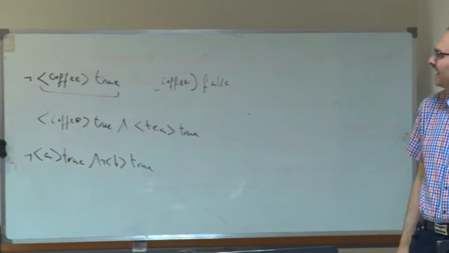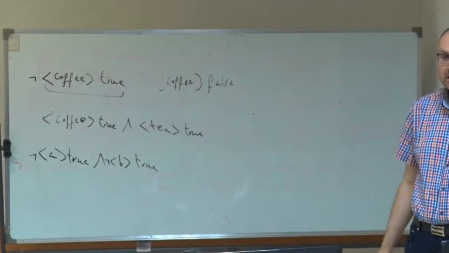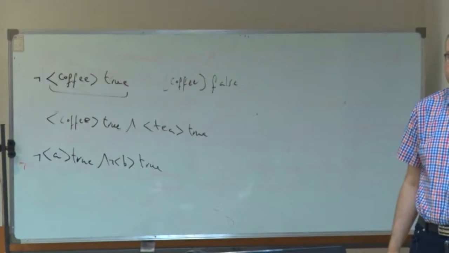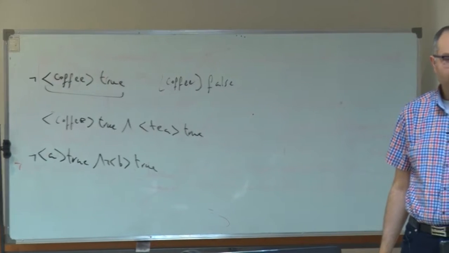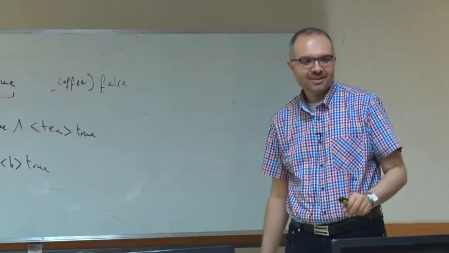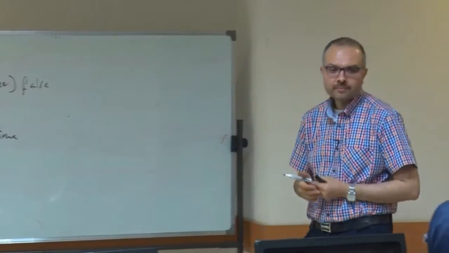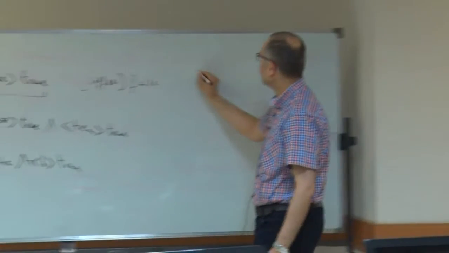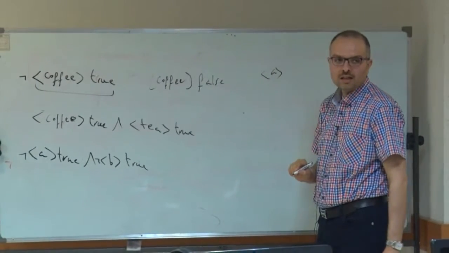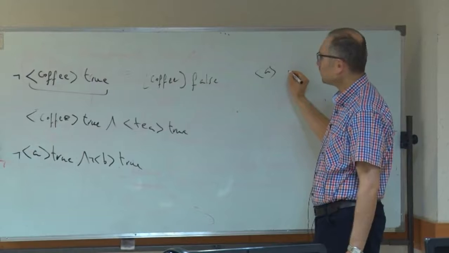Oops. The process can do something, so it's not deadlocked. You passed last time. Do you want to say that the process can do something, some action? Diamond A. Diamond A what?